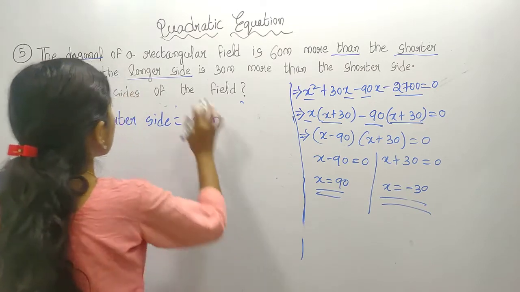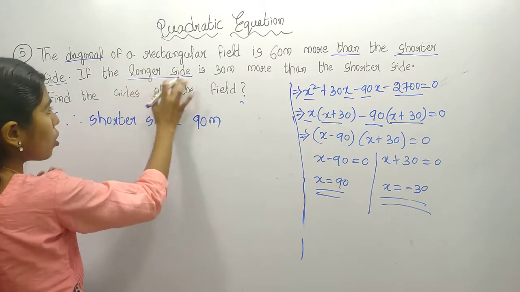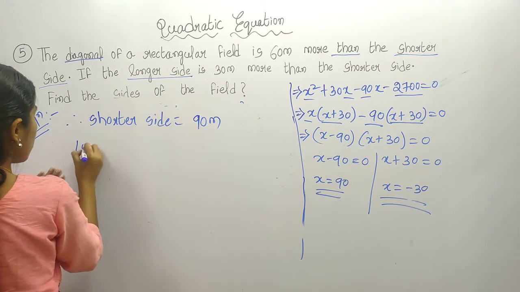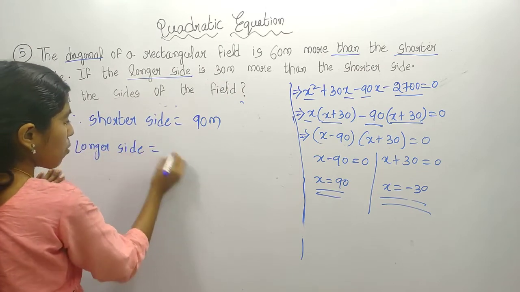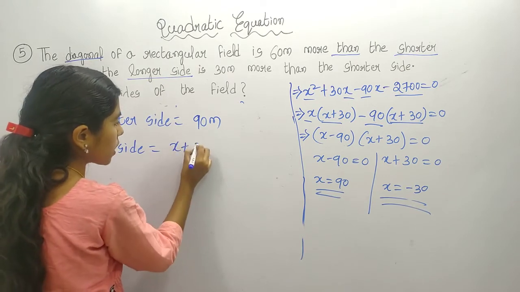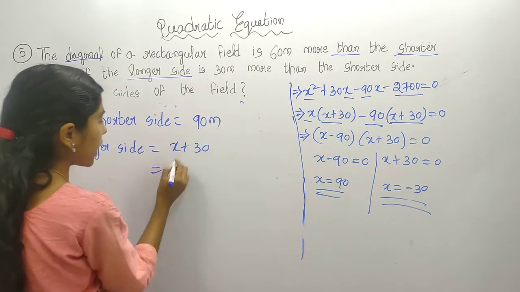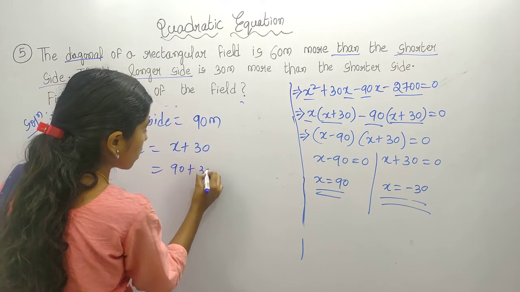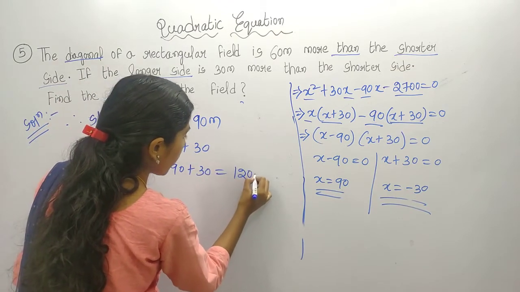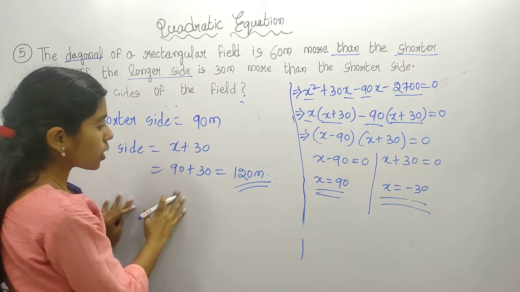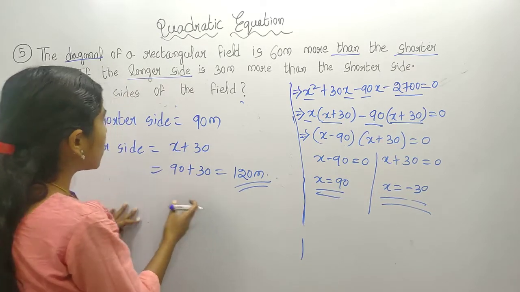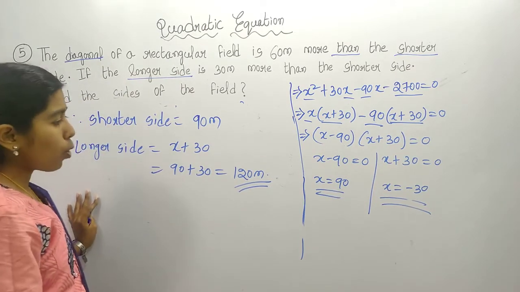Similarly, the longer side is 30 meter more, so the longer side is x plus 30. Here x is 90, so 90 plus 30 equals 120 meter. So the shorter side is 90 meter and the longer side is 120 meter. These are the sides of the field.